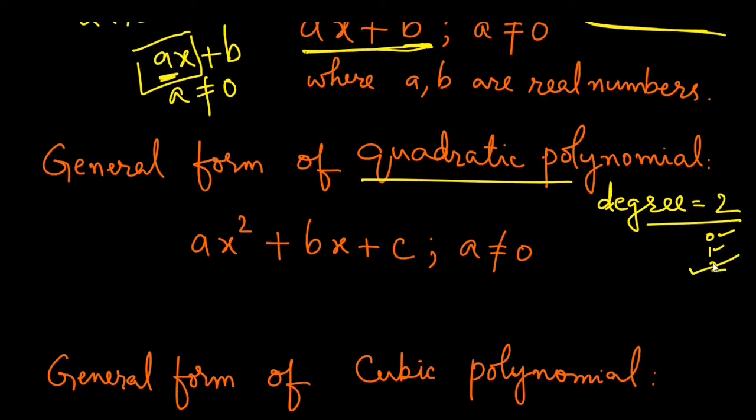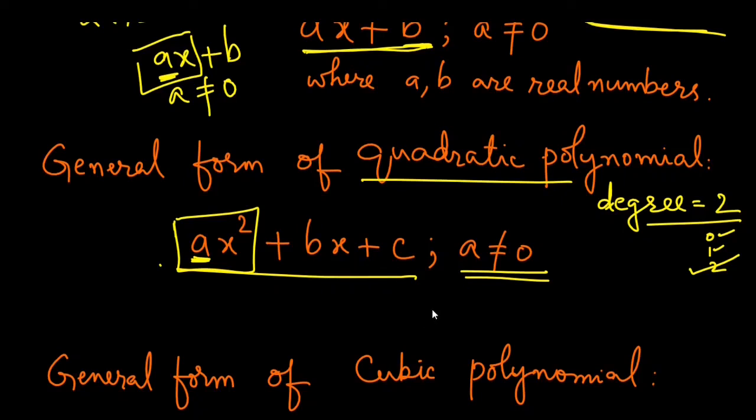So at most it should have 3 terms. So the general form is ax square plus bx plus c. Here the coefficient a should not be equal to 0.